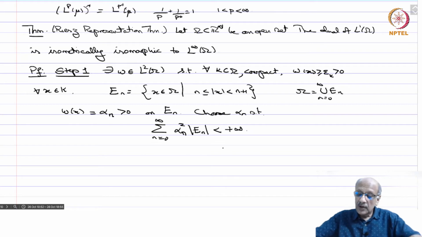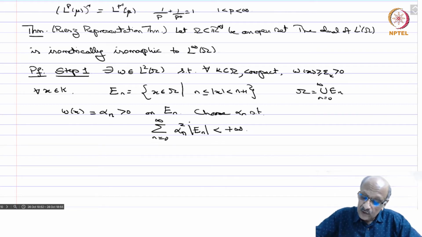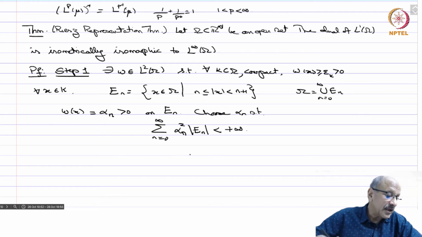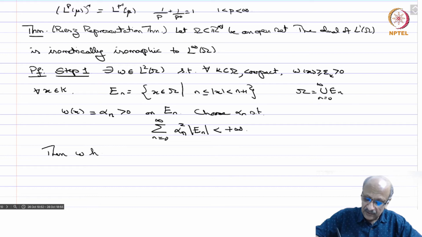You know what the E_n are, you know their measure, so you choose something like, for instance, alpha_n can be 1 by n|E_n|. That will give you something which is finite. Then W has the required properties.